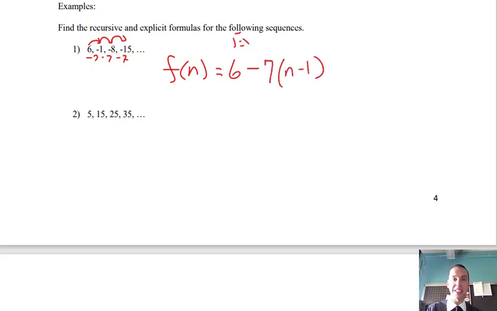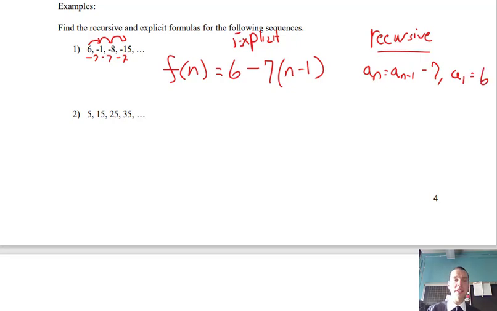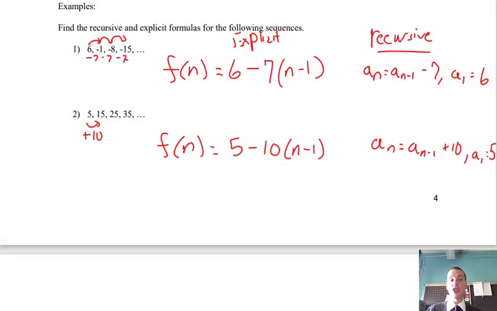So that's our explicit. Our recursive is going to be a sub n equals a sub n minus 1, next equals now -7, where our starting value equals 6. So please pause it and attempt number 2. And so you should have gotten these two functions.